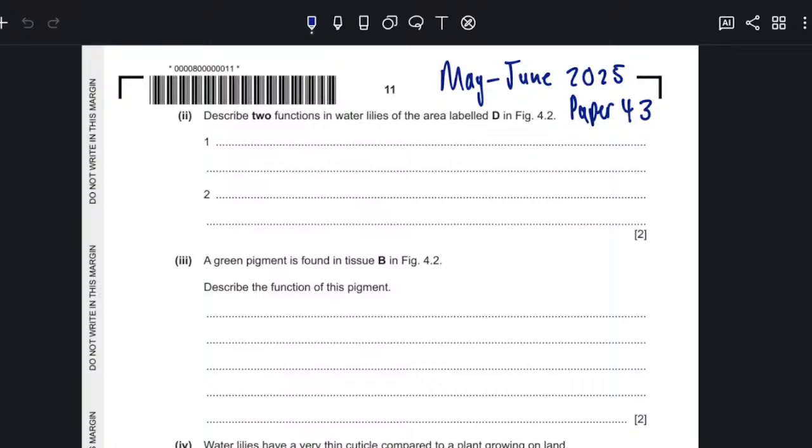Paper 43, please. Please go to June 2025. Let's go.